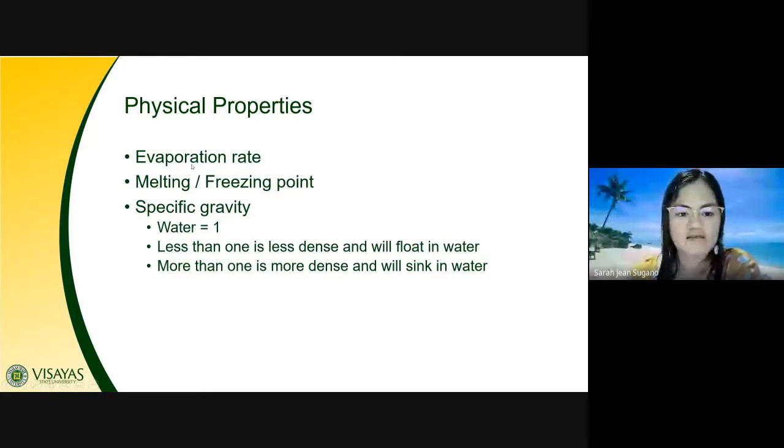And in physical properties there is also specific gravity, in which the specific gravity of water is 1, and when it is less than 1, it is less dense and will float in water. Now, if the specific gravity is more than 1, it is more dense and will sink in water.